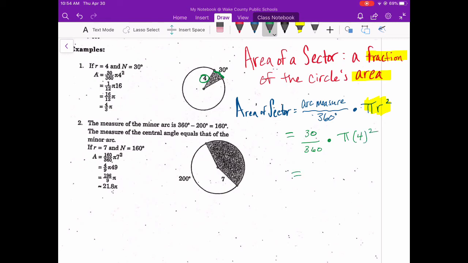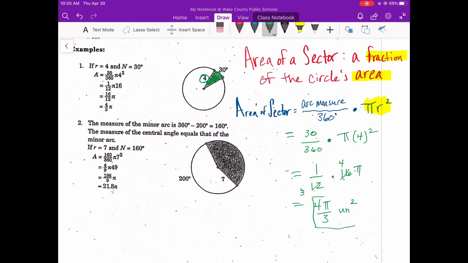So that's going to give me 30 out of 360, and when I simplify that, I get 1 out of 12, and then 4 squared is 16, so this is 16 pi. Now, 16 and 12 have a common factor of 4, so I could divide both of these by 4 and get 3 down there and a 4 up here, and this is going to give me 4 pi over 3 units squared for my area of that sector in example 1.